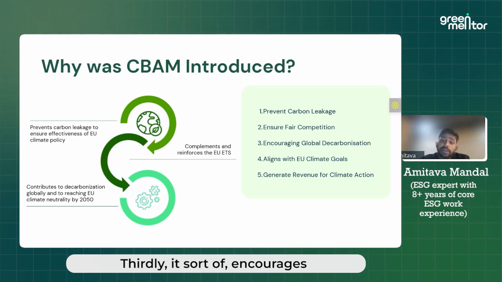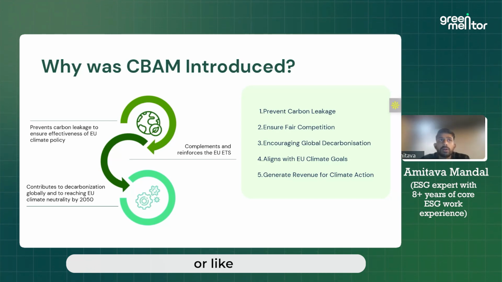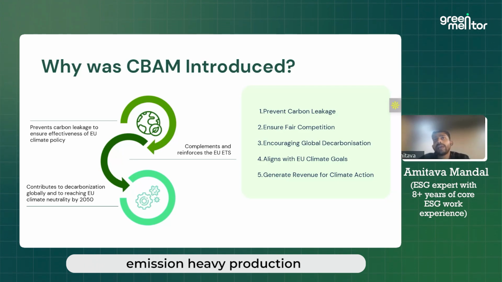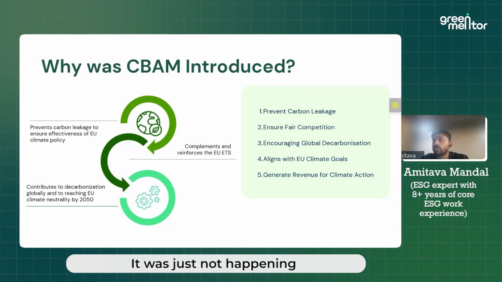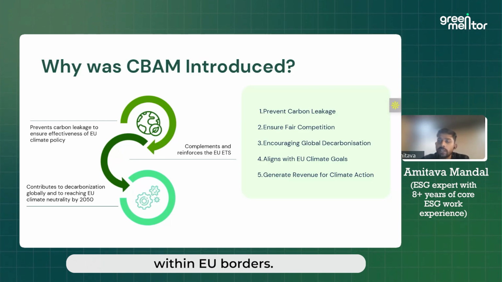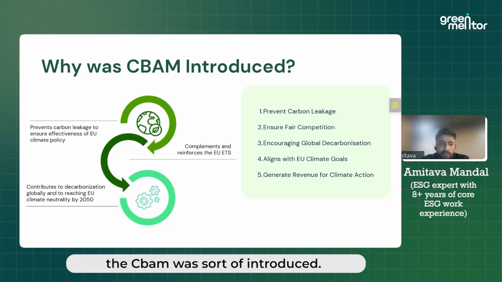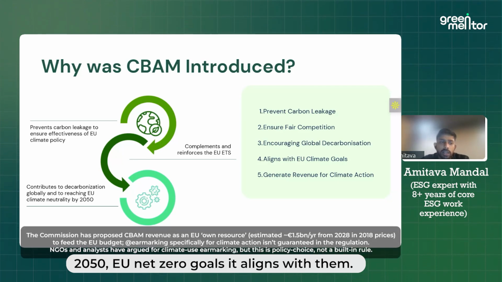Thirdly, it encourages global decarbonization, right? Like initially I was saying that emission heavy production was always pushed to the global south, the emissions were anyway happening, right? It was just not happening within EU borders. So to prevent that and promote a decarbonized supply chain, CBAM was introduced. And again, like I said, it aligns with the EU's 2050 net zero goals.